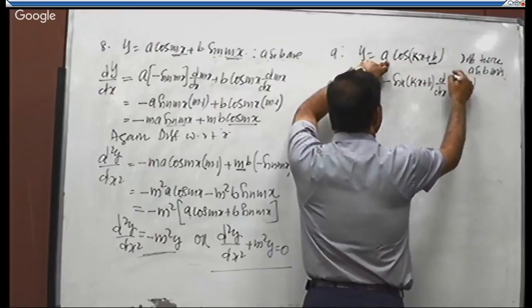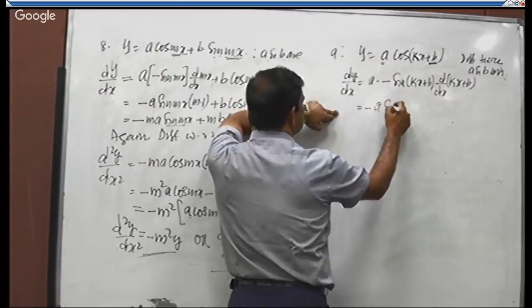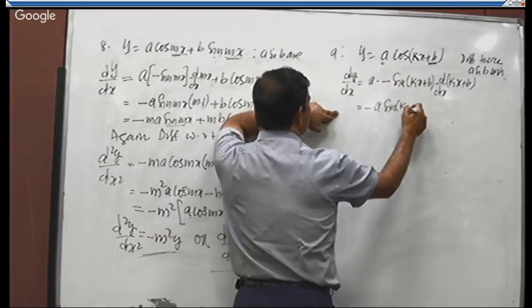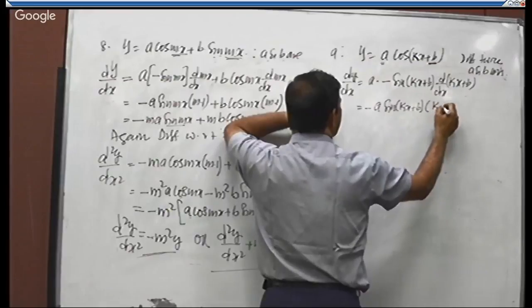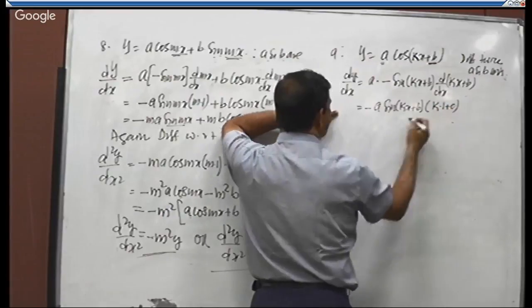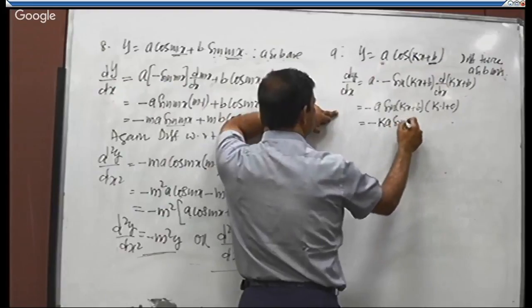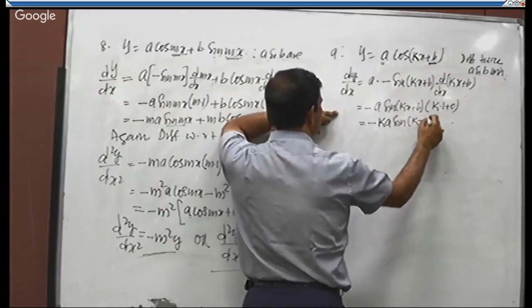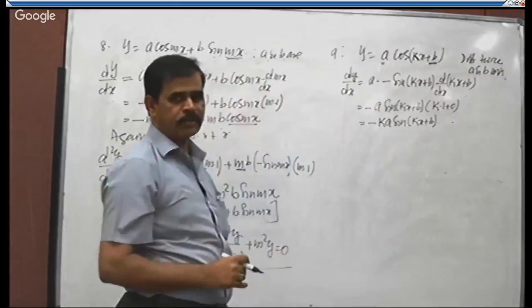Kx plus b. That is equal to minus a into sine of kx plus b into differentiation of kx, k into 1 plus 0. It is minus ka into sine of kx plus b. This is the first order differentiation.